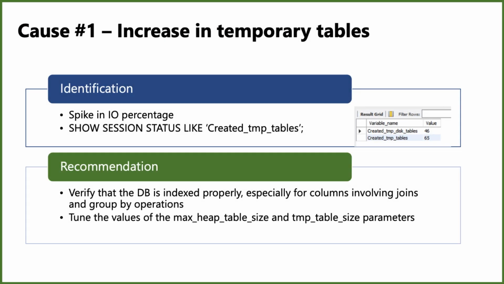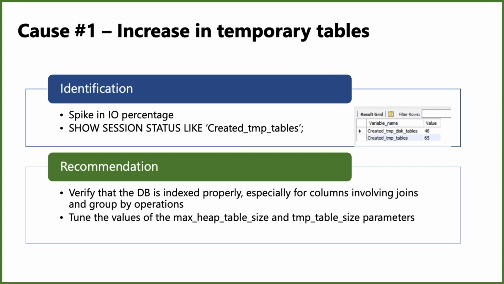Before increasing the temp table size value, the next best thing to do here would be to verify that the database is indexed properly, especially for columns involved in joins and group by operations. Using the appropriate indexes on underlying tables limits the number of temporary tables that are created.